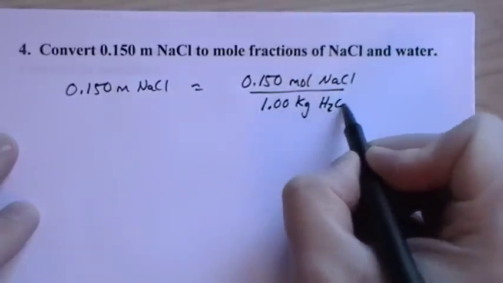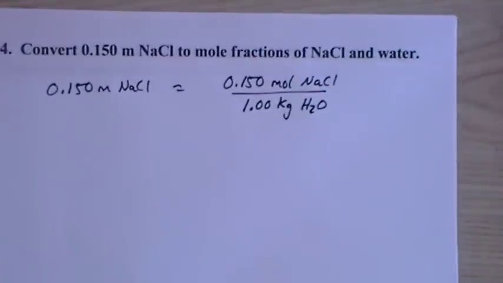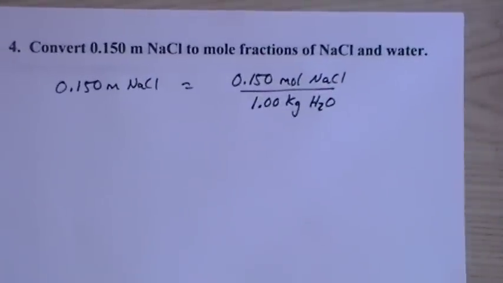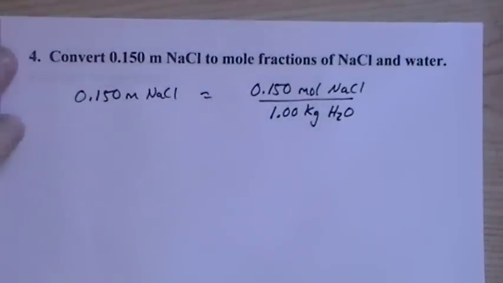It does say water there, but we always assume aqueous solution unless otherwise stated. You can always assume that on the exam: if it's a solution, it's water. If I want to use pentane or some other solvent, I have to say it.